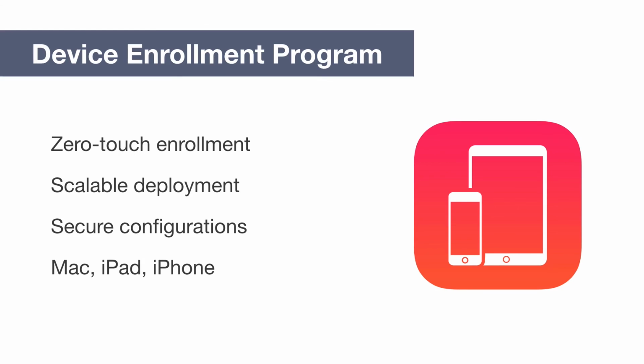Then, whenever one of these new devices is turned on and they go through the Apple Setup Assistant, it will automatically enroll itself in your management server. And all of those configuration profiles that we've been building today will automatically be applied at that very first moment of a new device getting powered on.